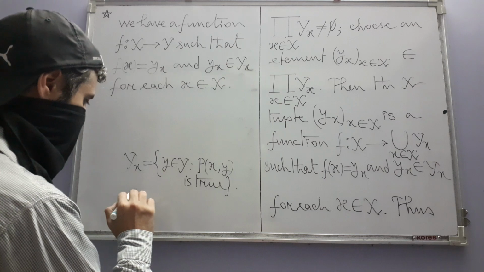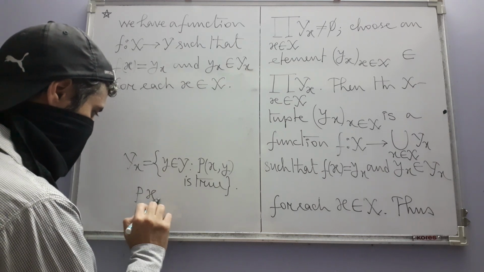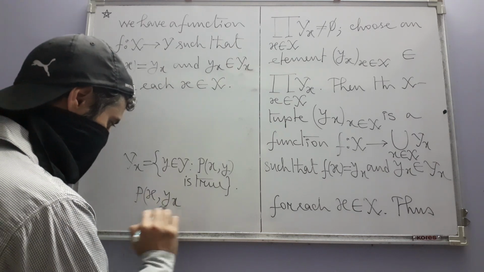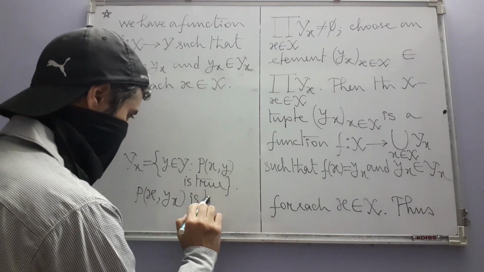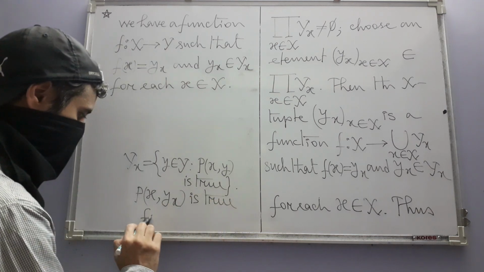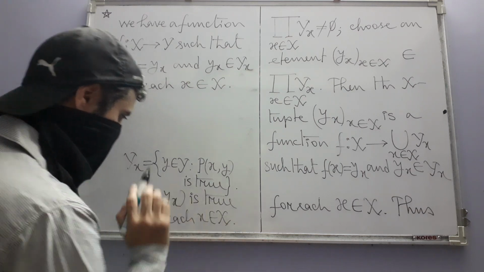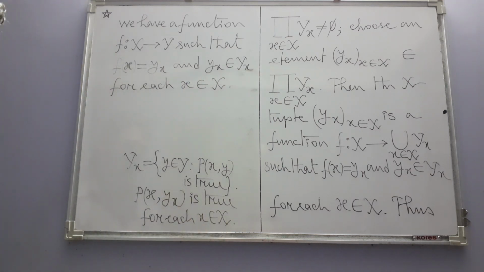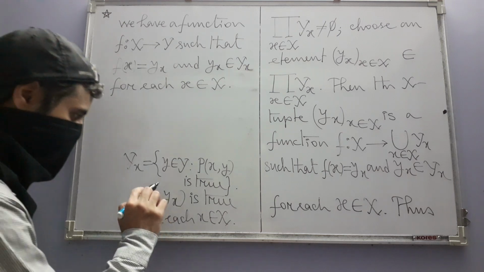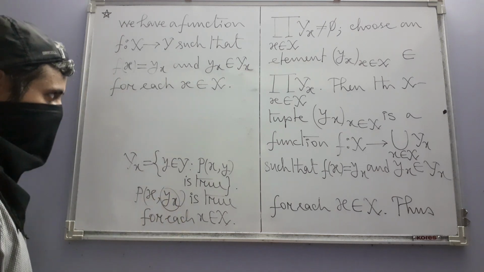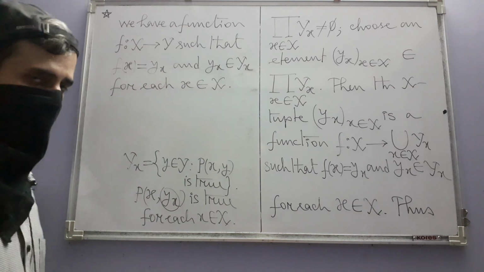It just means that P of x comma yx is true for each x in X, and in place of this yx you can actually write f of x.